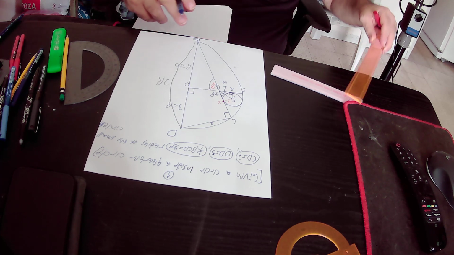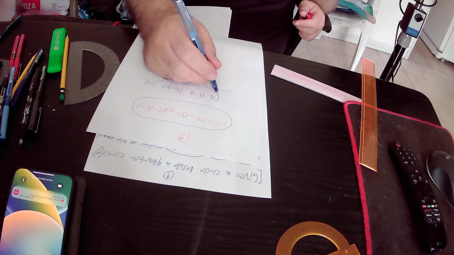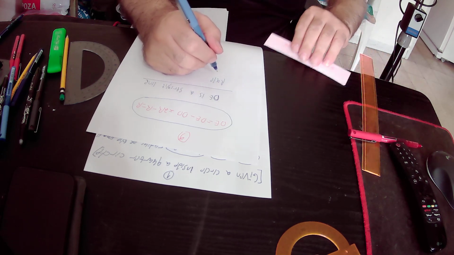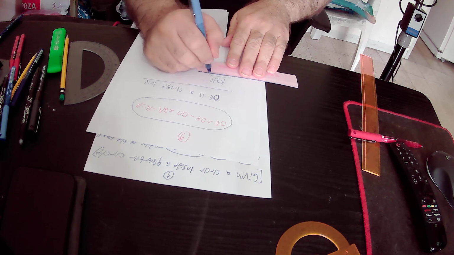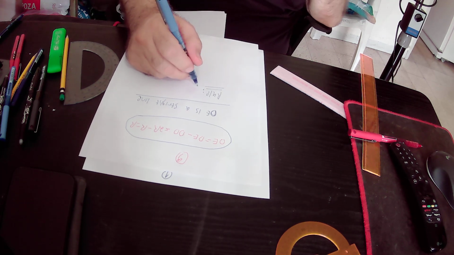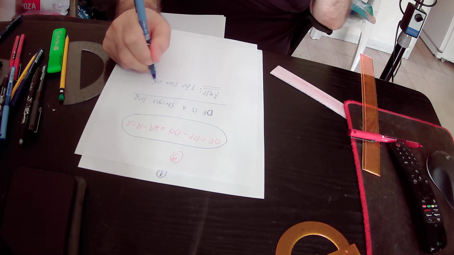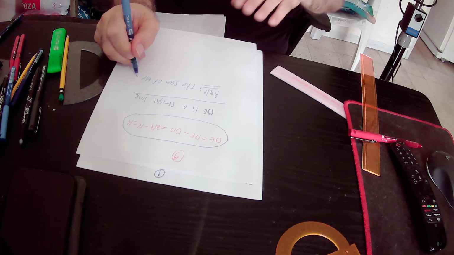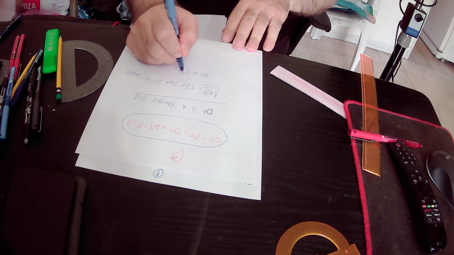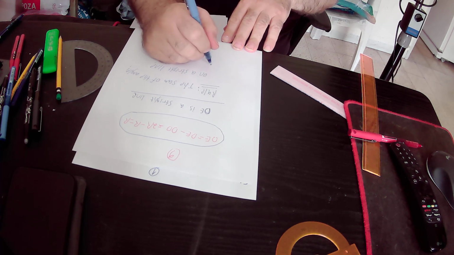Again, DE is a straight line. We have a rule that states that the sum of the angles on a straight line is equal to 180 degrees.